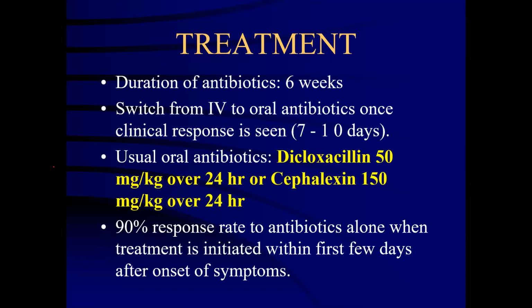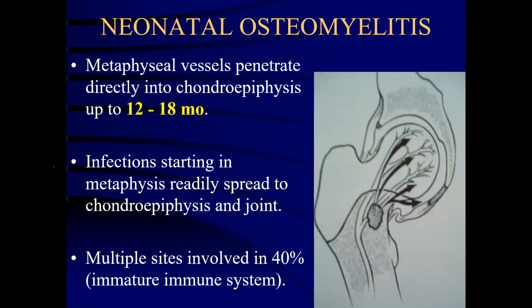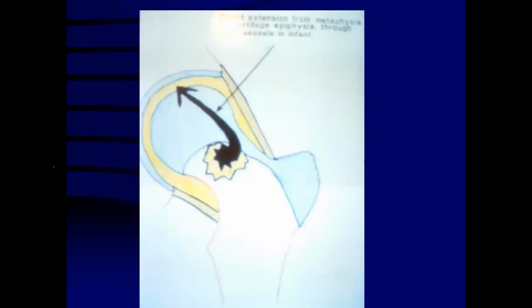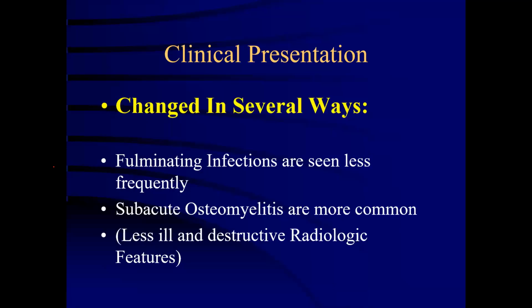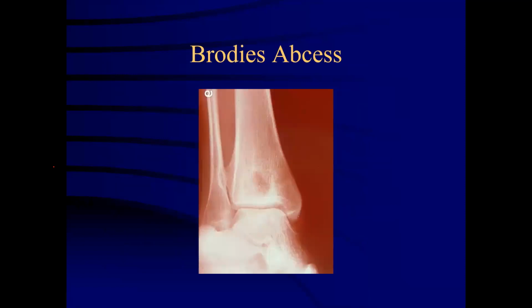We spoke about the treatment. I will not go through it. All these are to show you what the effects are. Now, I would like to mention that there are people who have a good resistance. They can localize the infection into an abscess and give you a Brodie's abscess.